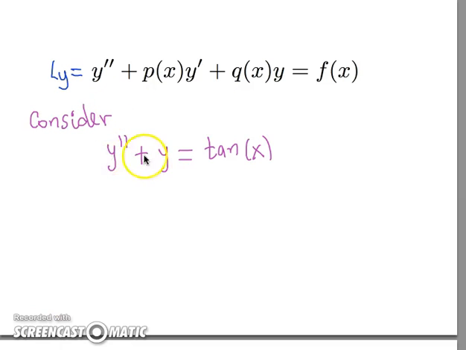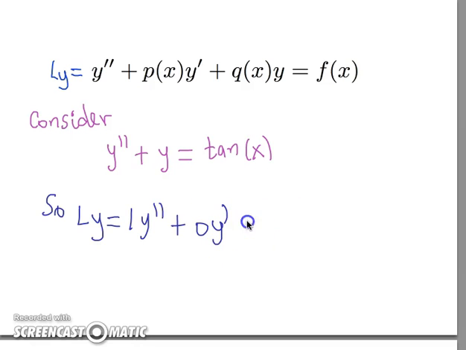Let's say for instance that with this form, the operator is defined as 1 times y double prime plus 0 times y prime plus 1 times y.